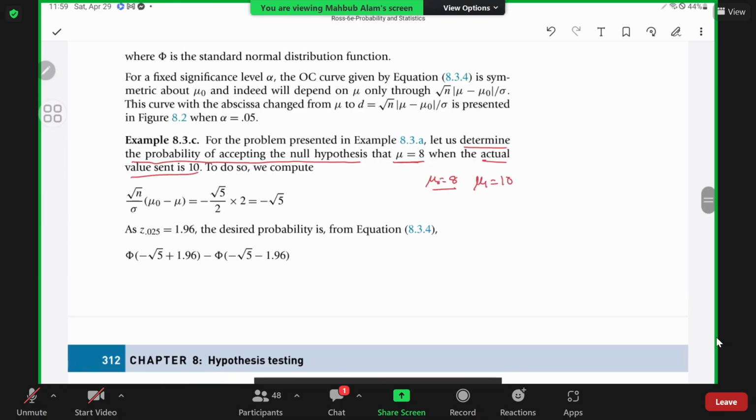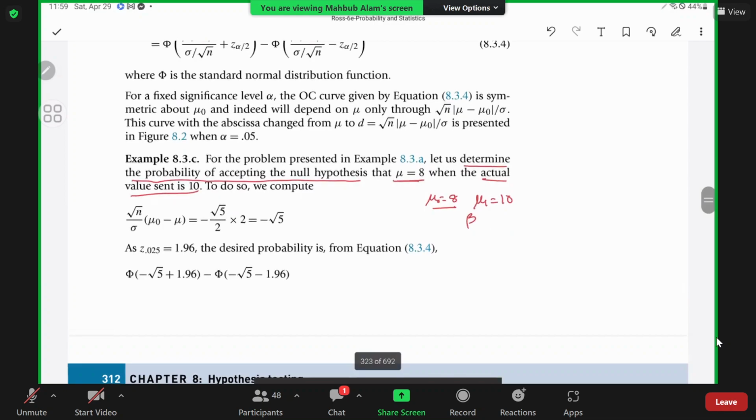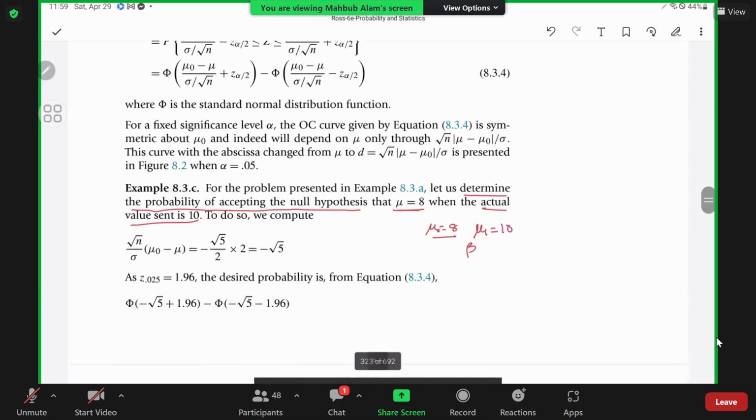That is, the true value sent was 10. Now we want to find out the value of beta, and as we know, the value of beta is right here that we just derived. Actually, I use the term mu1 here. They use just mu in the text, no problem.